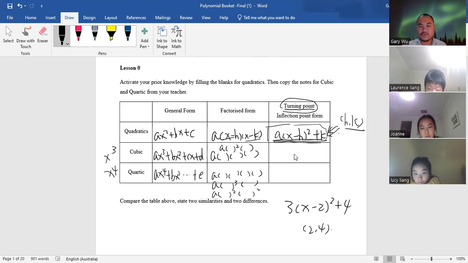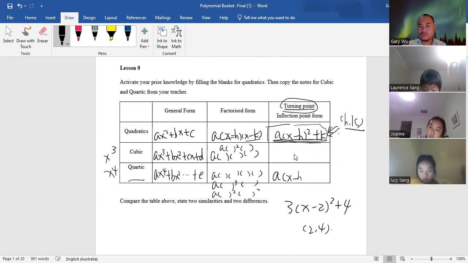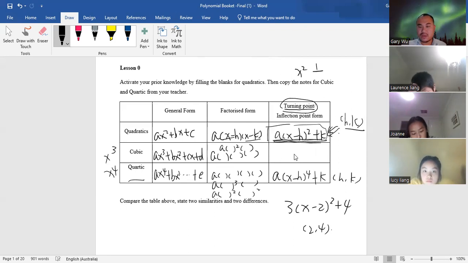Okay. So for quartic, it would be the same. We just extend the idea from quadratic, which is to the power of 2, to the power of 4, right? So the turning point will still be h and k. Does it make sense? And the basic shape for quadratic, which is x squared, is something like this. The turning point is 0, 0.